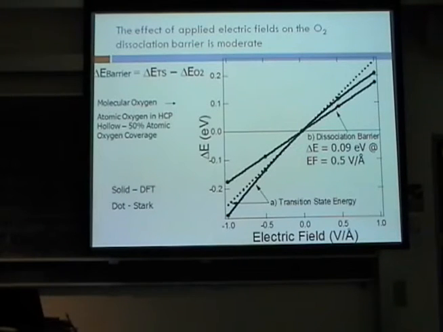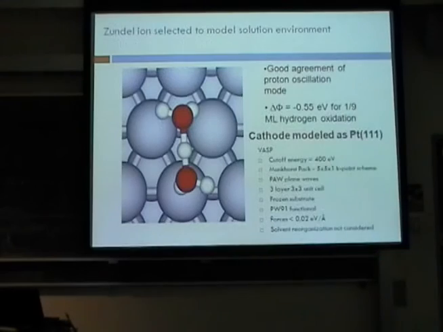And we see that the dissociation barrier goes up by less than 0.1 eV, which in a catalytic system is a significant difference, but it's not a huge difference. It really can't explain why the oxygen reduction reaction is so much slower. So it's a pretty small energy difference that's a result of these electric fields.